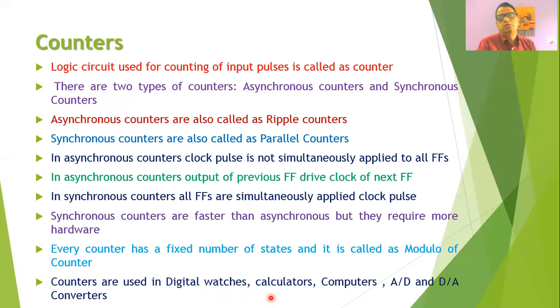In computers, the whole operation is controlled by the central processing unit, and every central processing unit requires a clock generator, so there we need to make use of counters. Also in analog to digital converters and digital to analog converters, we need to make use of counter circuits. So counter circuits are very popular and are used in many devices.